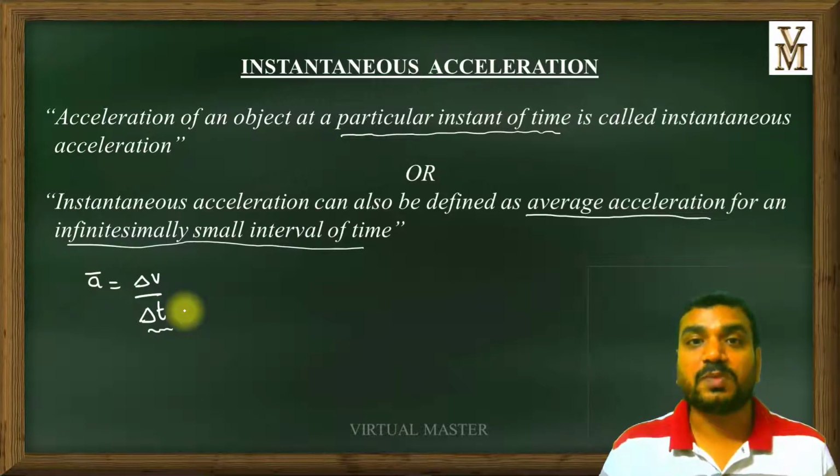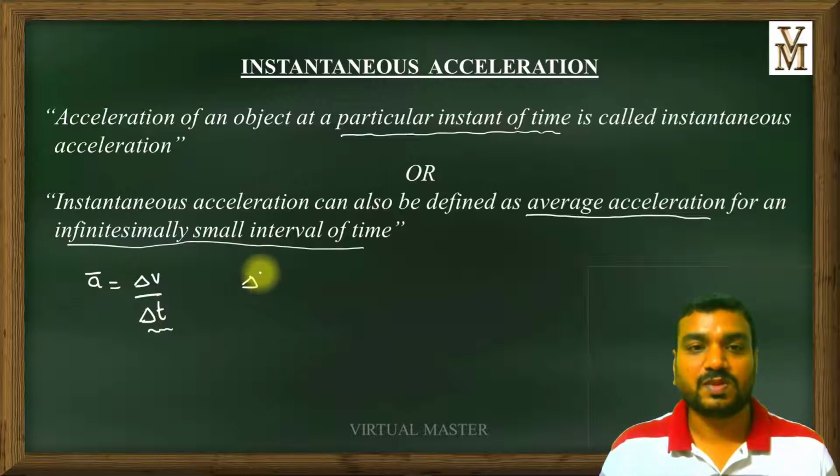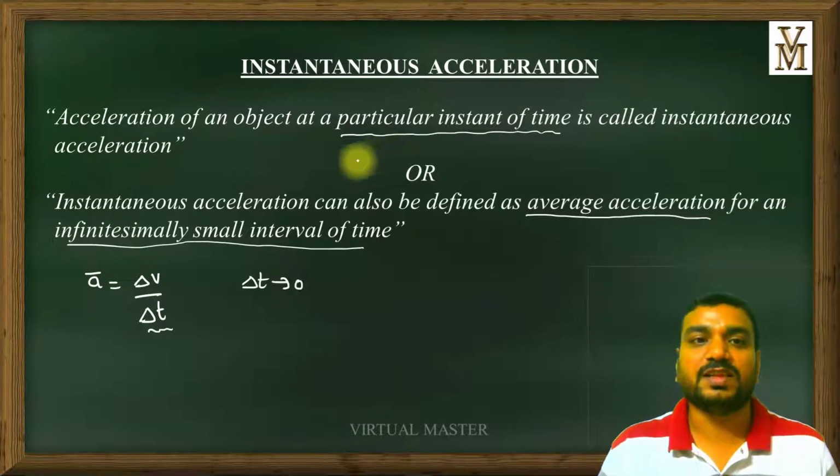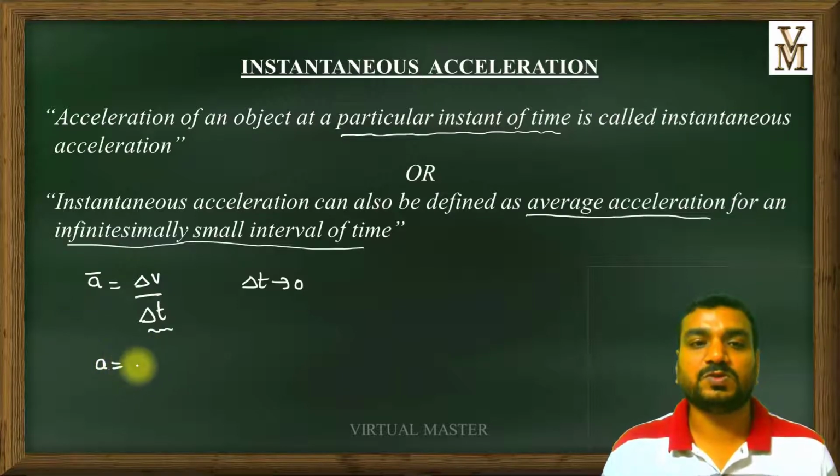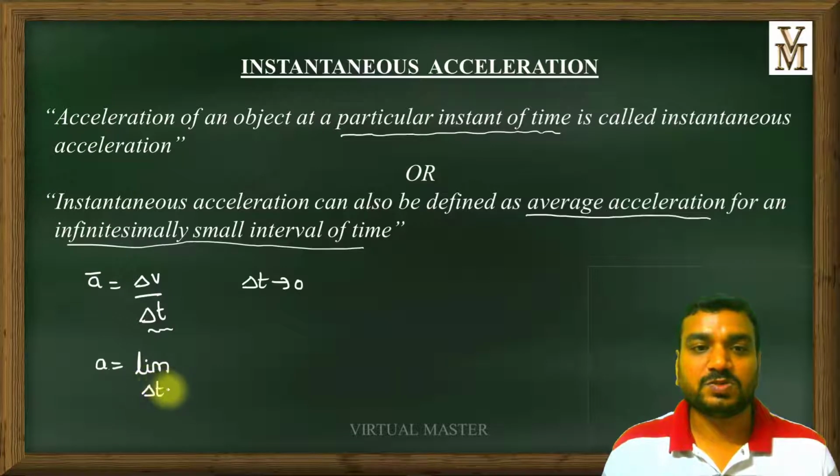So we are going to apply the limit as delta t tends to 0. If we apply the limit as delta t tends to 0, then we are going to get the instantaneous acceleration. So instantaneous acceleration a will be equal to the limit as delta t tends to 0 of the formula for average acceleration, which is delta v by delta t, right?